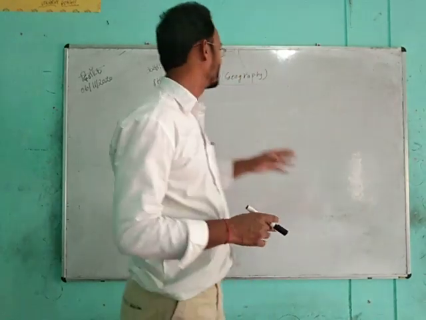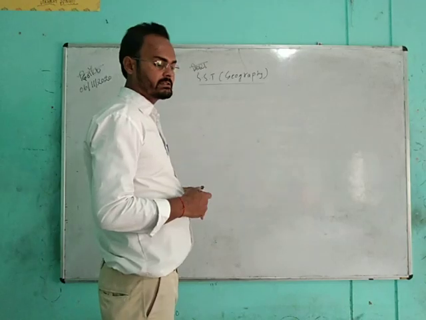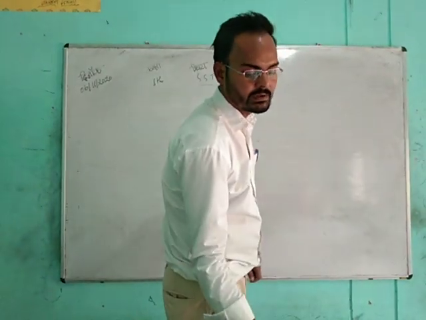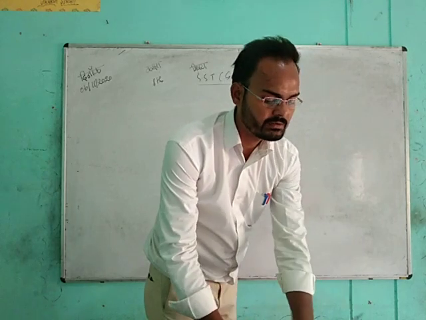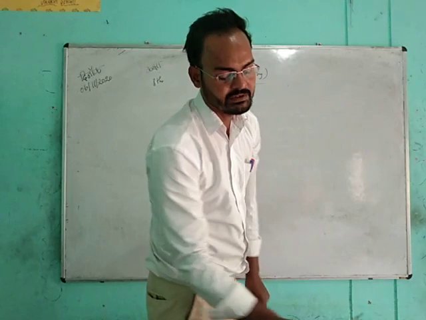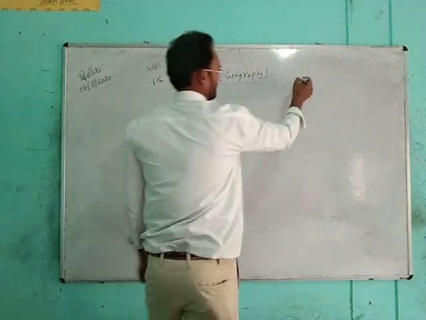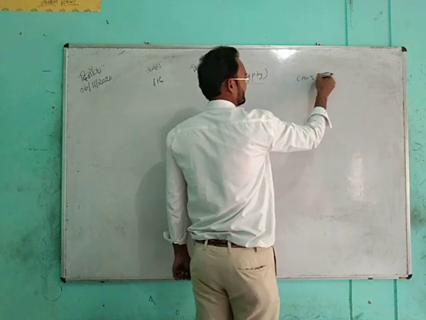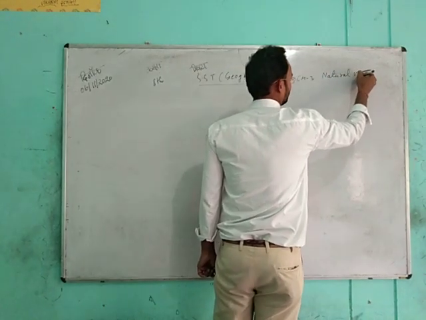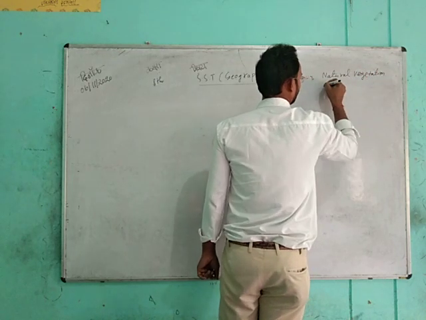In that we are taking geography, and in SST geography we are taking Chapter 3, natural vegetation and wildlife.